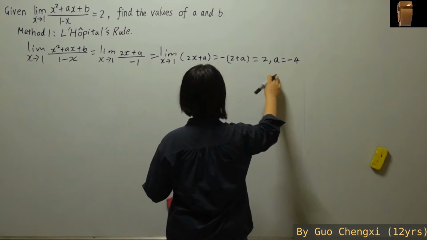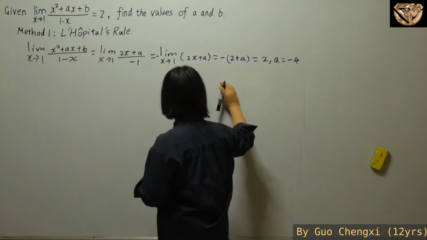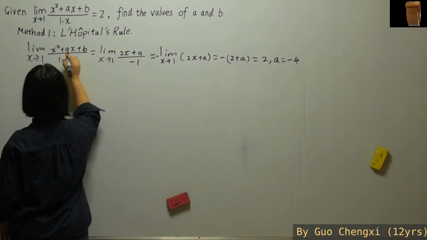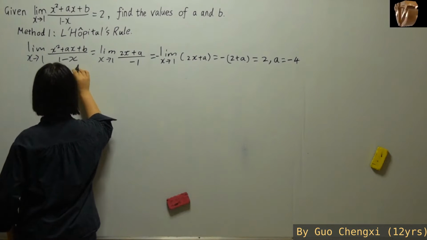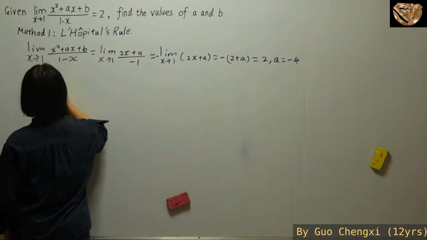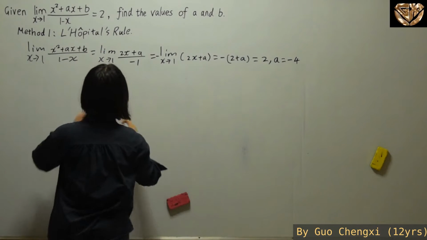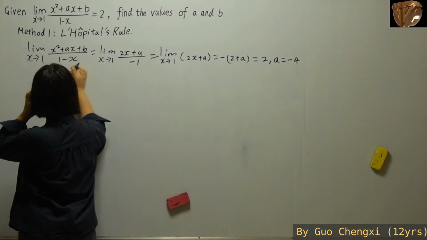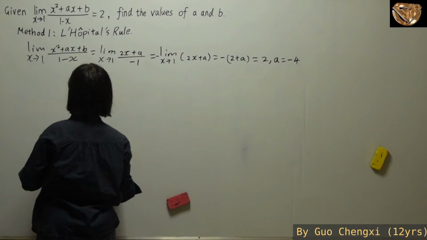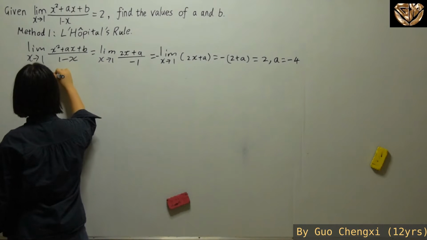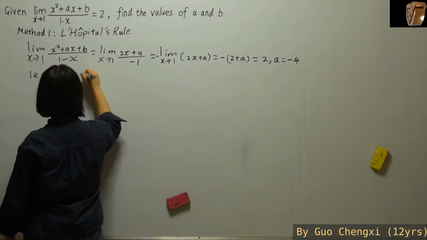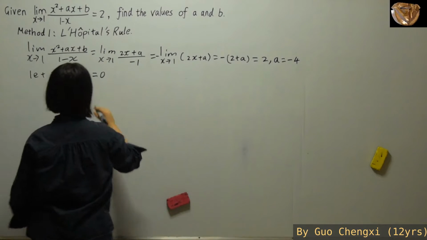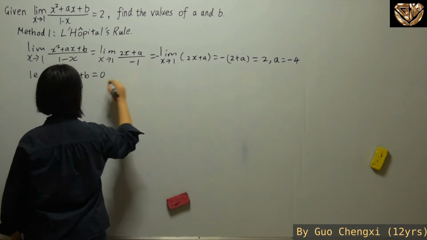Now technically, it's supposed to be a 0 over 0 form, since if you substitute x equals 1 into the denominator you get 0, so for the numerator you will have to let x squared plus ax plus b be equal to 0.